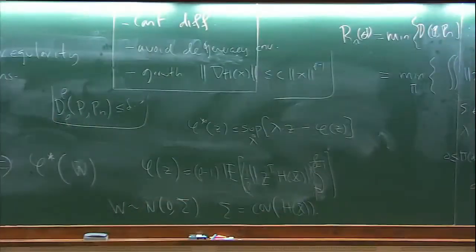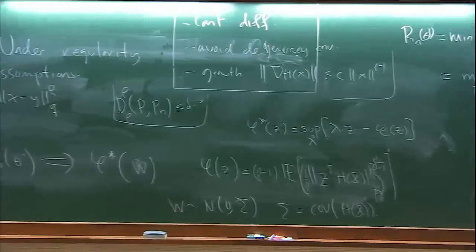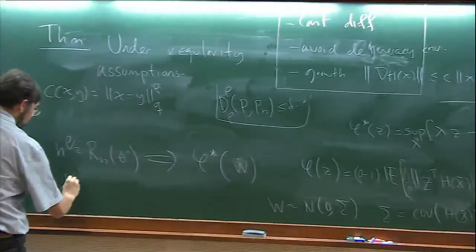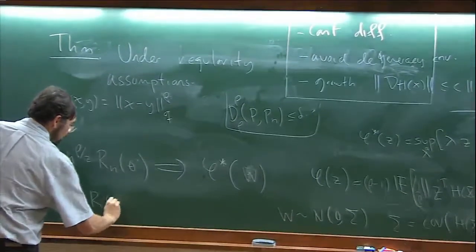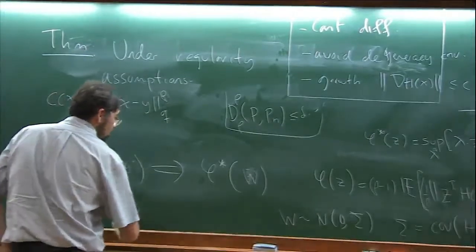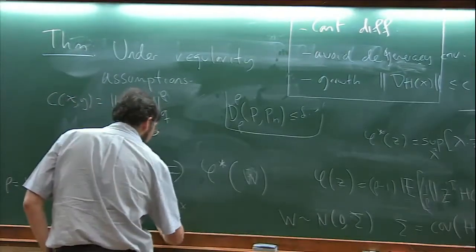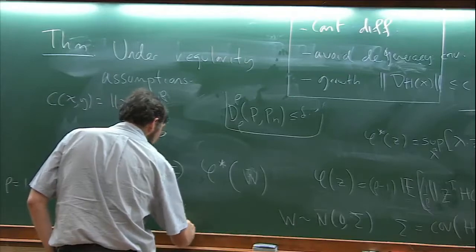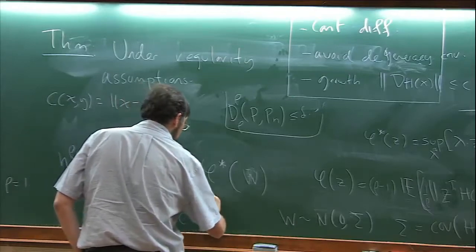For the case rho equal to 1, if you have density, then 1/2 Rn of theta star converges to the maximum over lambda in some set C of W transpose lambda.